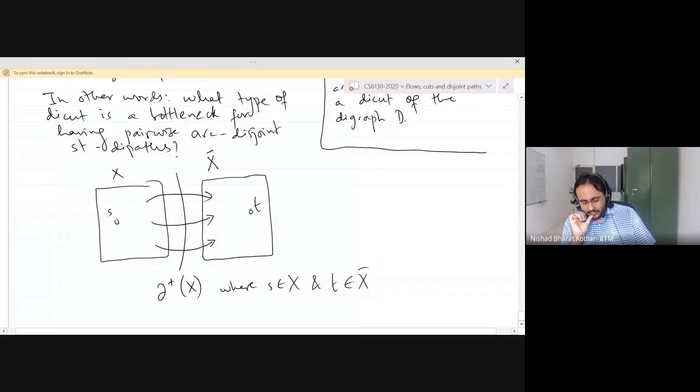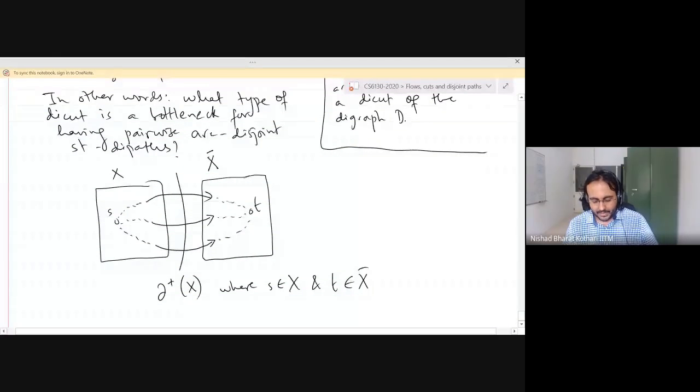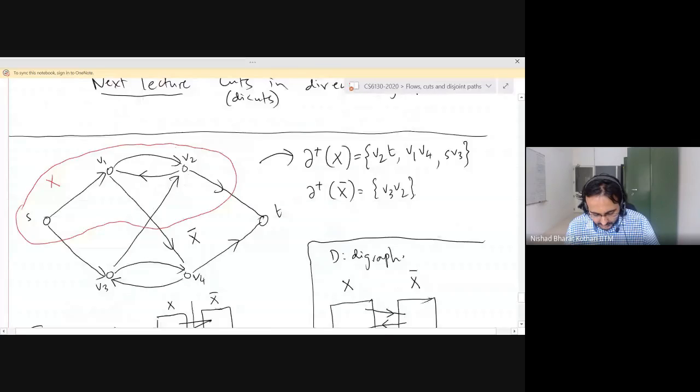If you have such a dicut with exactly 3 arcs, then that means that you will not be able to have more than 3 dipaths from s to t, because each st dipath will have to use at least one of these arcs because they are directed paths. And so the best you can do is pack 3 pairwise arc disjoint dipaths. Okay, and so that turns out to be our minimization problem.